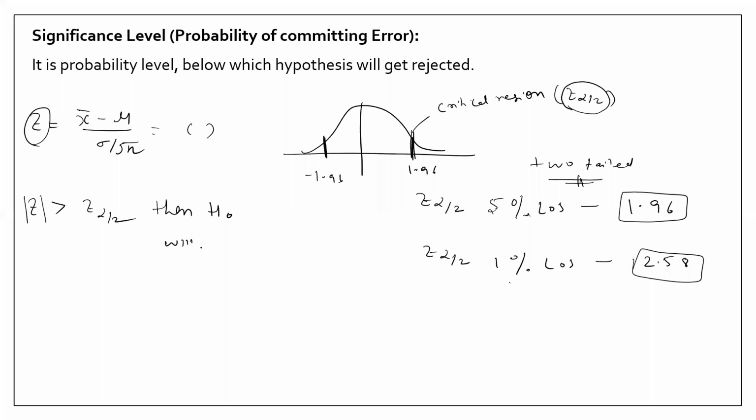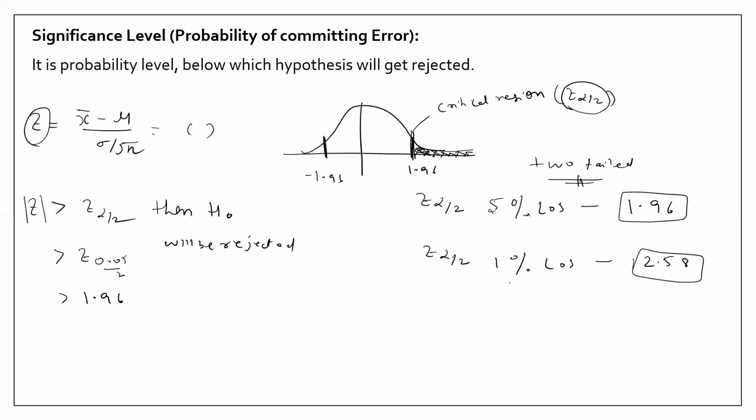Then your hypothesis will be rejected. Why does it get rejected? Because the z value is greater than z alpha by 2. So in this case, let's take 5% only, so z of 0.05 by 2. If this is greater than 1.96, that value lies here, and this is your critical region.